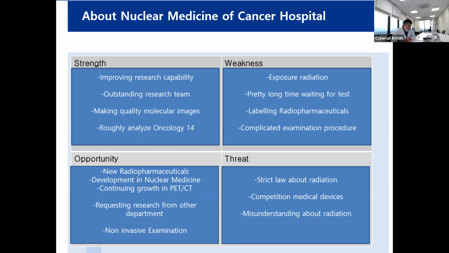Lastly, the threats are strict laws about radiation and competition in medical devices. It means that other general hospitals have the most advanced medical devices, so patients prefer to have a test with the most advanced devices, and there is misunderstanding about radiation.